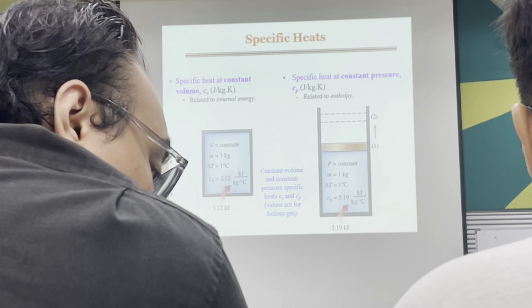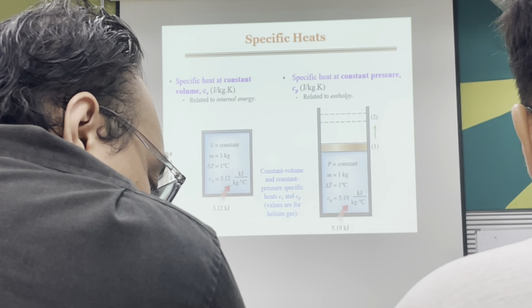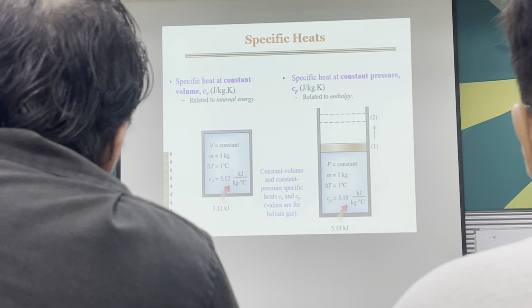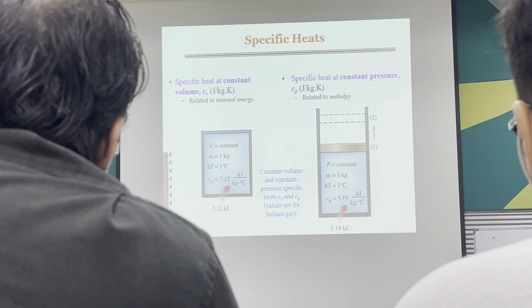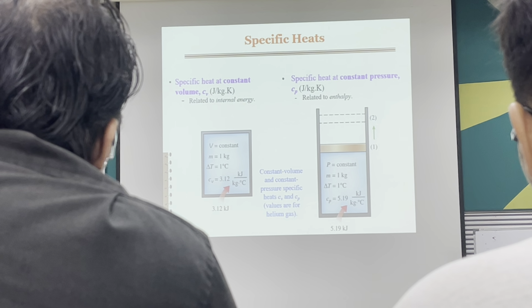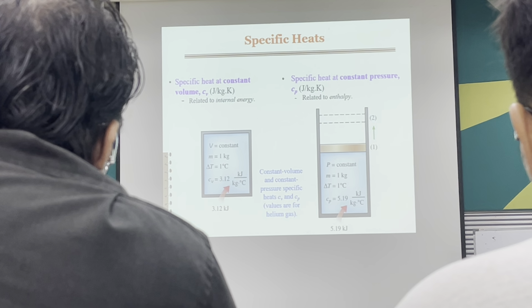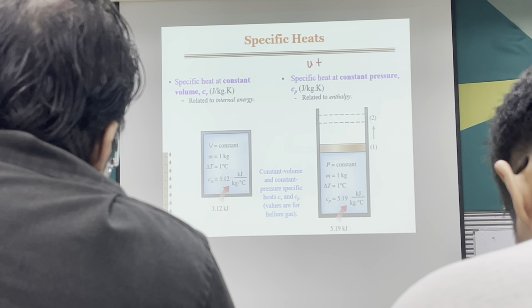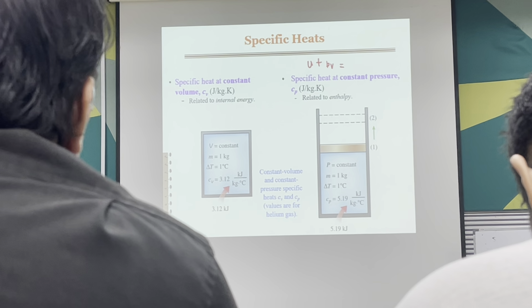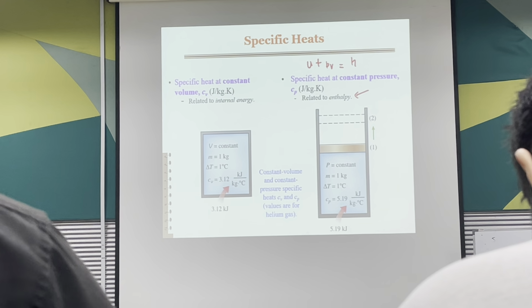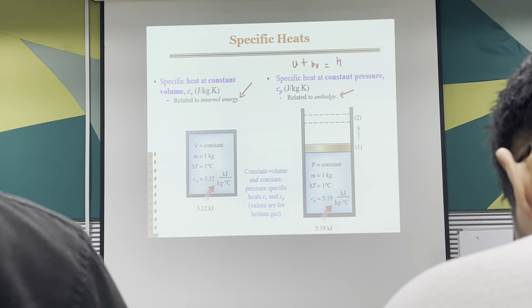And if you talk about constant pressure, remember when we talked about closed systems, with a constant pressure process, we can move the boundary work over to the right hand side and change the entire thing into enthalpy, right? So we said that for constant pressure, U plus PV equals H. So this is related to enthalpy, and this is related to internal energy.